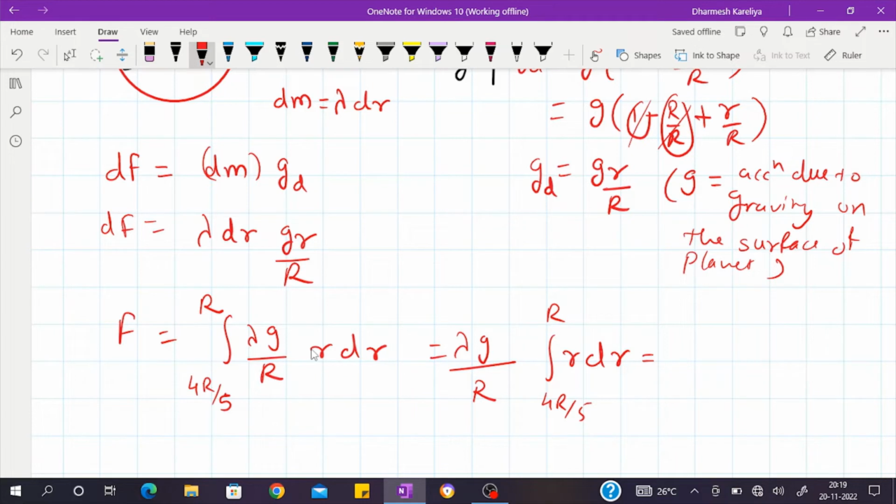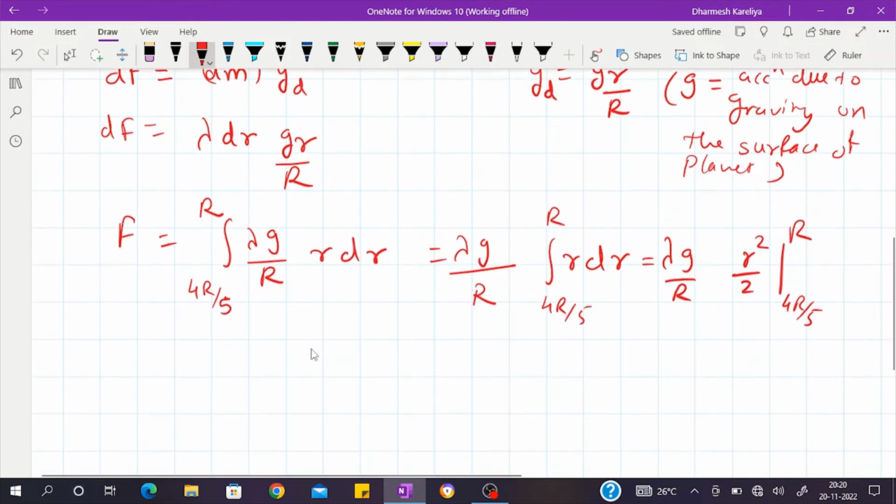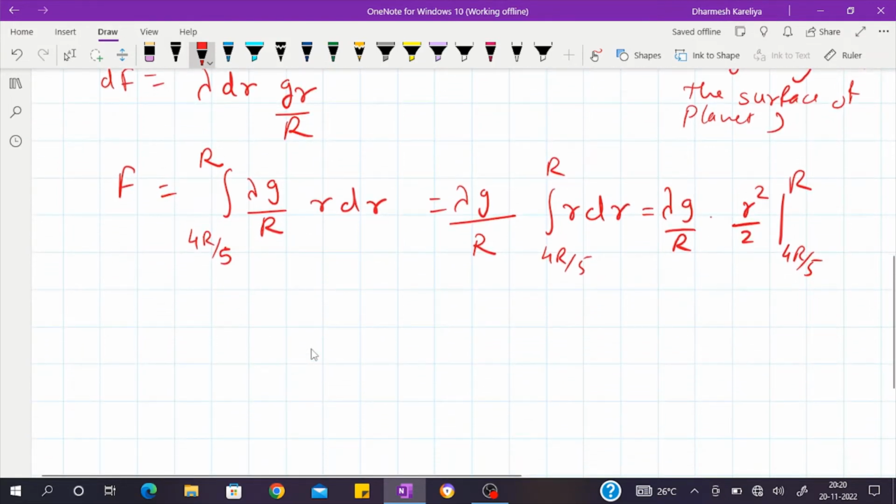Okay, let us simplify this. So lambda is 10 raised to minus 3, I guess. Yes, g we don't know, so let us put values later on. Let us simplify this first. So lambda g by R, integration of r is r square by 2, yes or no, and limits are 4R by 5 to R. There is a multiplication sign here.